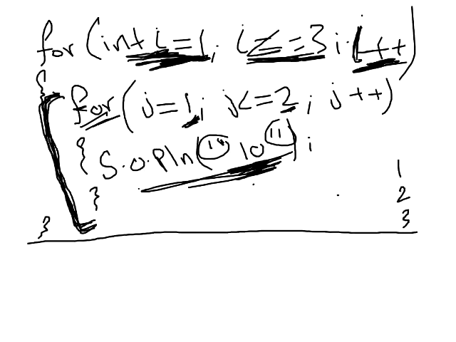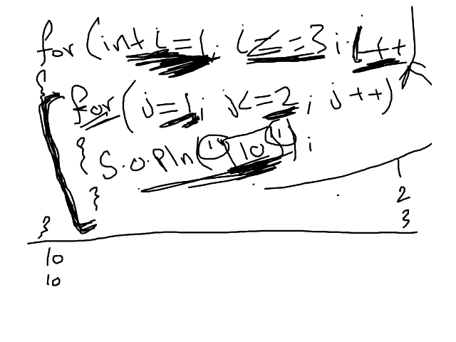So what's going to happen is that when I is 1, we're going to have 10, 10, because we're asking the program to print 10 twice. And then the program is going to go back and increment I by 1. So I now is 2. Now we run this for again and we get 10, 10.